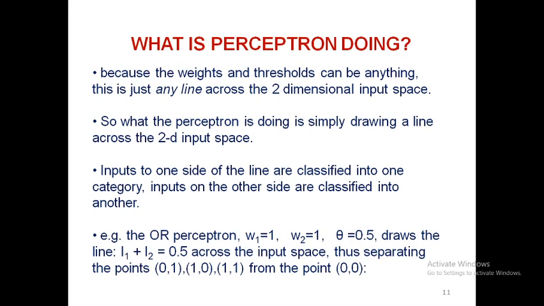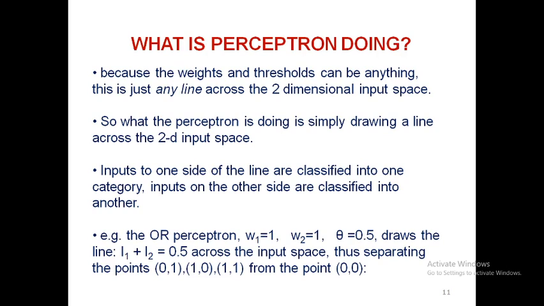It separates the points of the input values. Input values are nothing but 0,0, 0,1, 1,0, 1,1. In what way is it separating? I1 plus I2 greater than or equal to theta: among those four combinations, the three points 0,1, 1,0 and 1,1 will lie on one side, because I1 plus I2, that is 0 plus 1, 1 plus 0, 1 plus 1, are all greater than the 0.5 threshold theta.